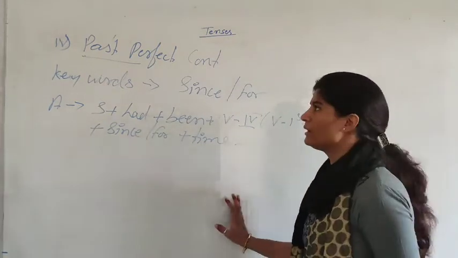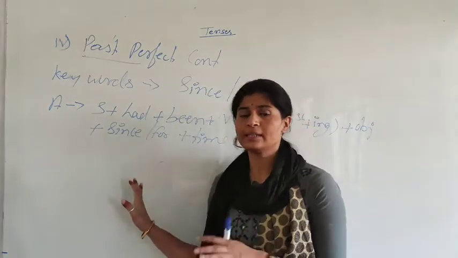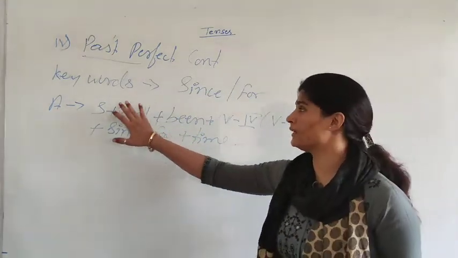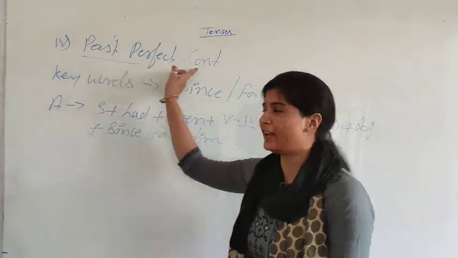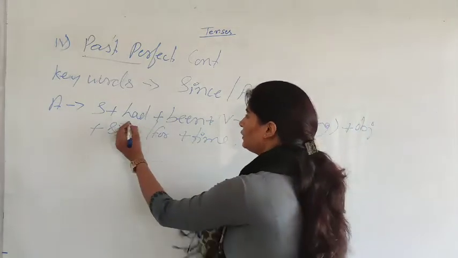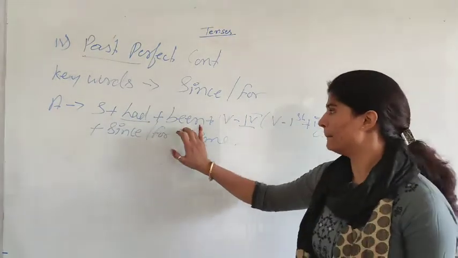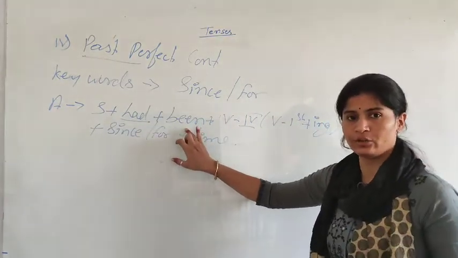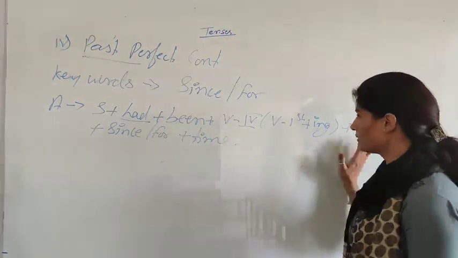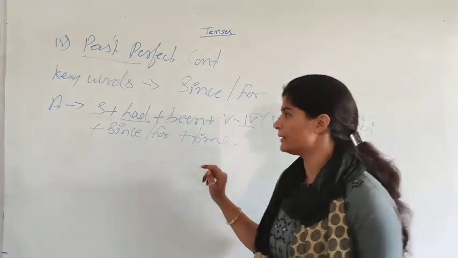Now see this one, every past perfect continuous is basically the combination of perfect and continuous. Subject plus had is your main helping verb, been is used to show the continuity, plus verb fourth form plus object plus since, for and plus time.